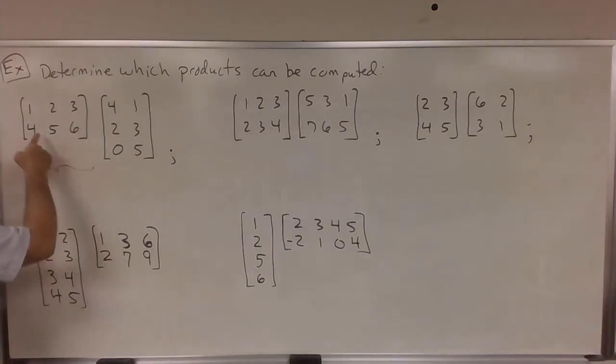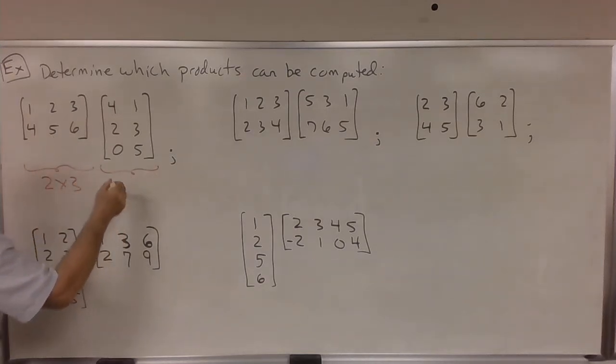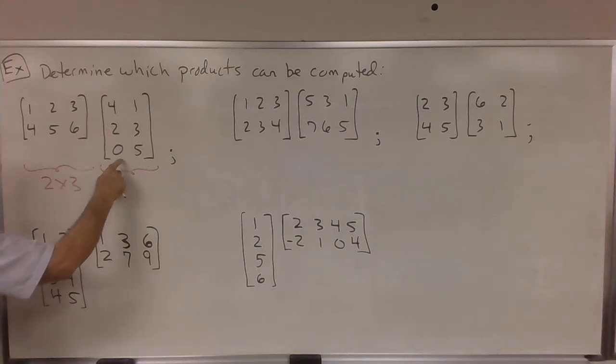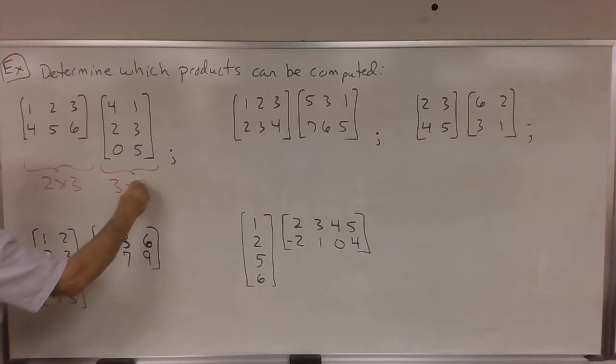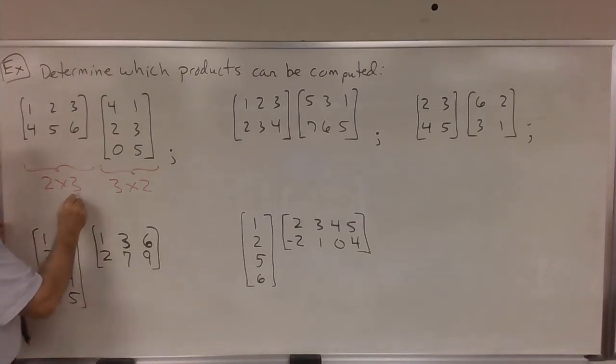This is a 2-row, 3-column matrix, so 2 by 3. And this has 3 rows and 2 columns, so it's 3 by 2. And the product can be computed if these two things are the same.